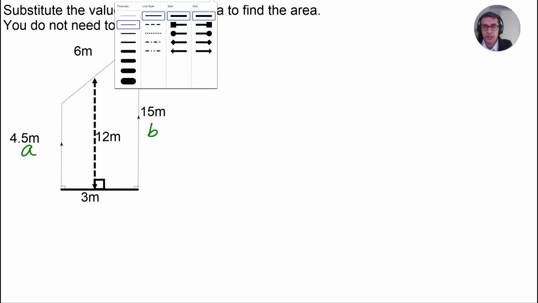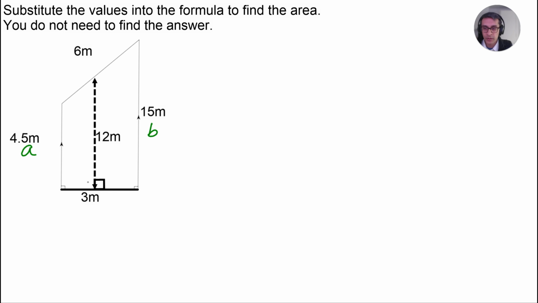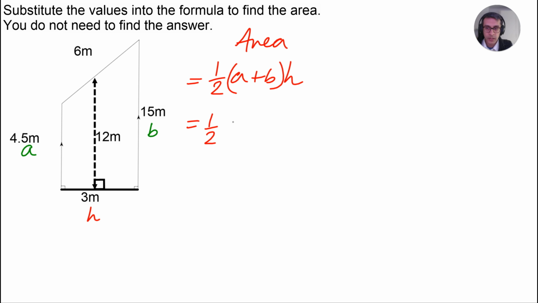So we're going to work this out now using the formula. Now that we've got all of our measures, that's going to be your h. So half a plus b times h is area. And this is going to be half 4.5 plus 15, times h, the distance between them is 3.